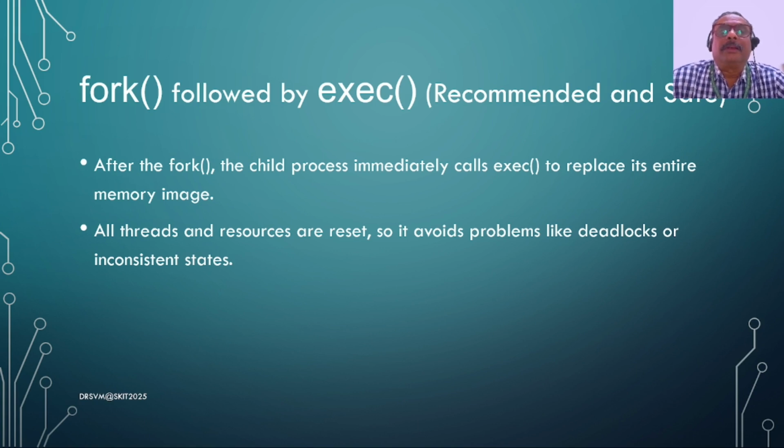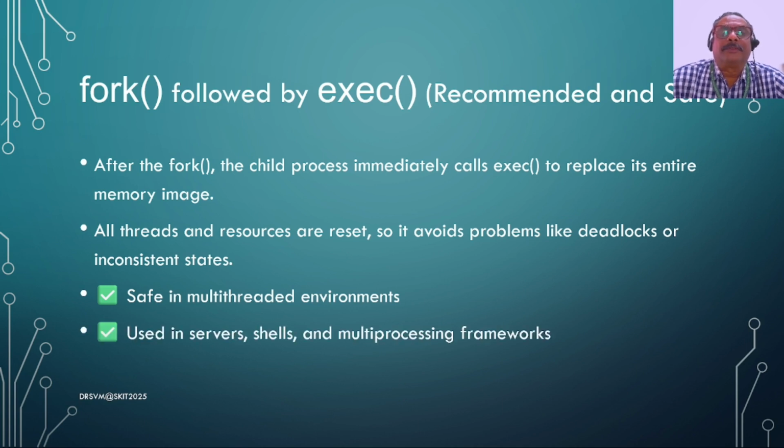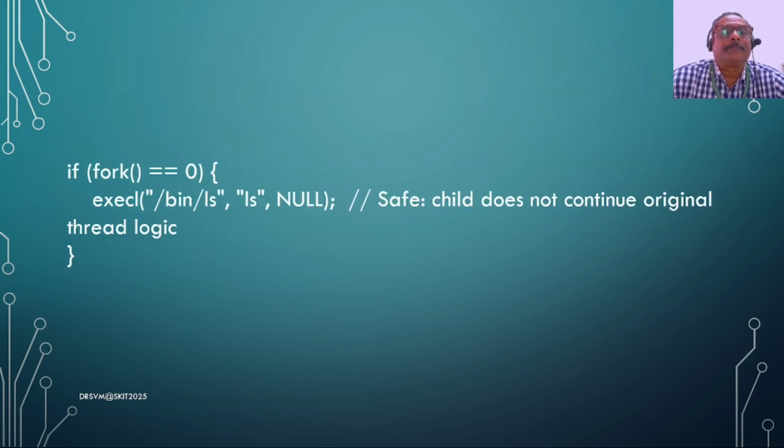So we recommend using the exec system call immediately after the fork in the child process, so that a new memory image is created for the child. It is very safe in the multi-threaded environment and is used in servers, shells, and multiprocessing frameworks.